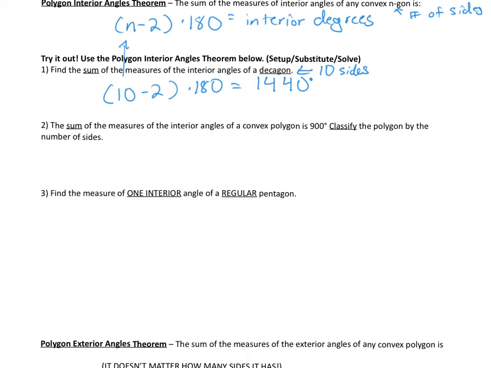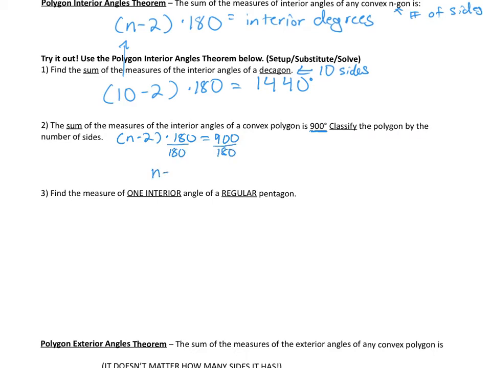Number 2, the sum of the measures of the interior angles of a convex polygon is 900. Classify the polygon by the number of sides. So now we don't know the number of sides. But I know n minus 2 times 180, well, they give us the answer. It has to be 900. So now I'm just going to simplify this to find n. I'm going to divide by 180 first.